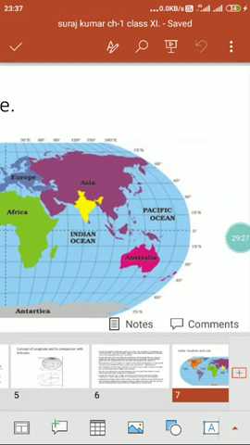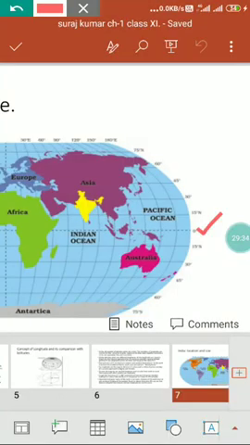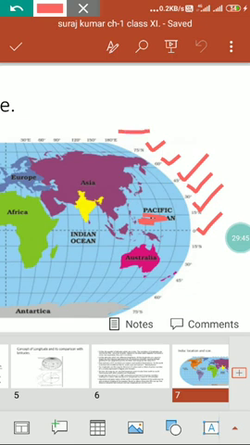So from the equator it's 0 degree, then 1 degree, 2 degrees, 3 degrees, 4 degrees, and so on: 15, 30, 45, 60, 75, and this point is 90 degrees north.